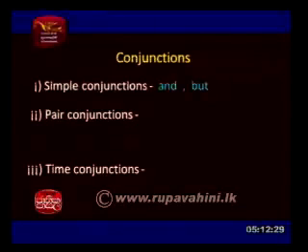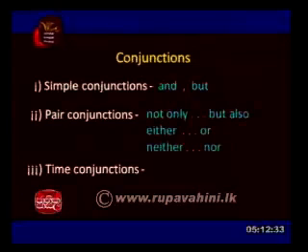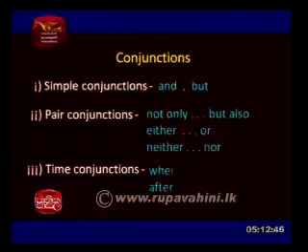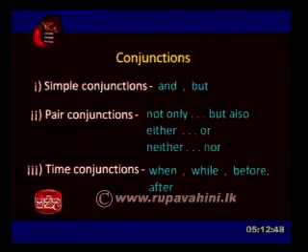They come with pairs, right? Not only, but also. Either, or, neither, nor. So we call them pair conjunctions. Then there are time conjunctions also. When, while, before, after. You can join words using these time conjunctions as well.